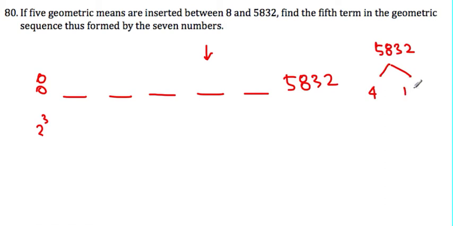Then it becomes 1458. Now that's basically what we end up getting. We can break this one down further. What if you go for 4 again? Then this becomes 364.5.